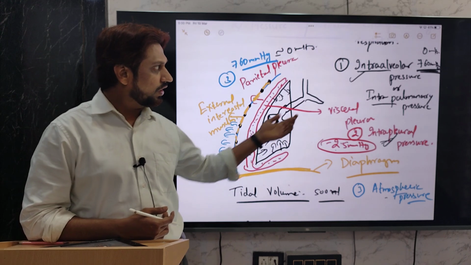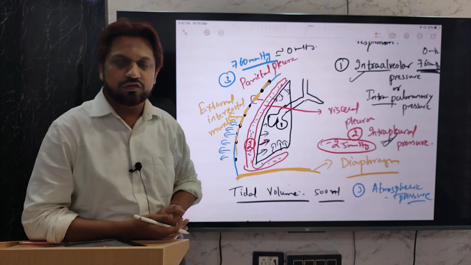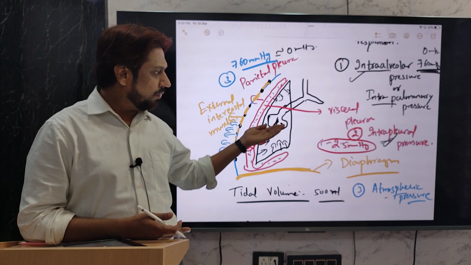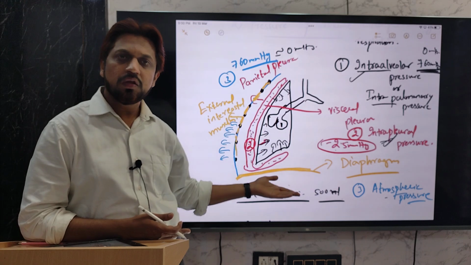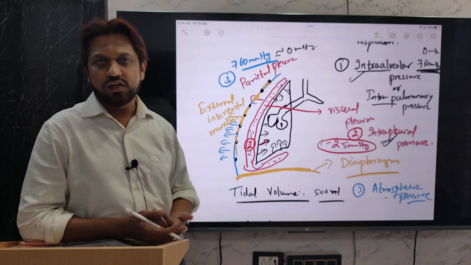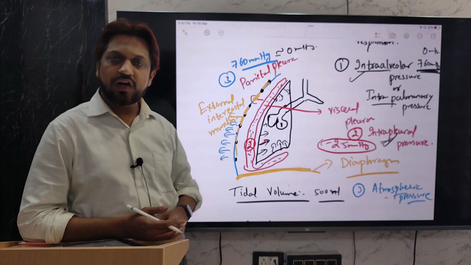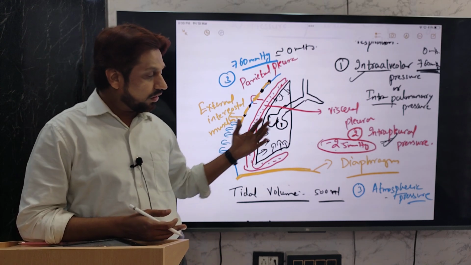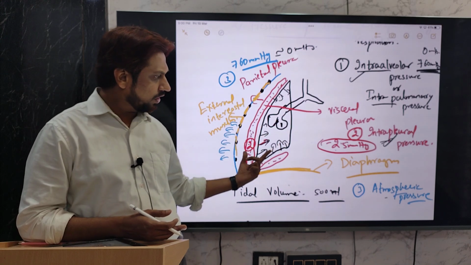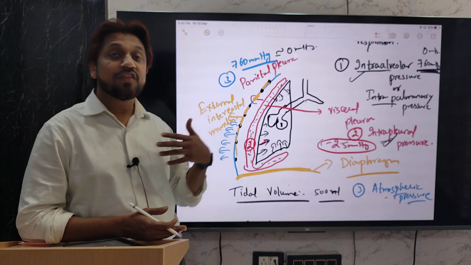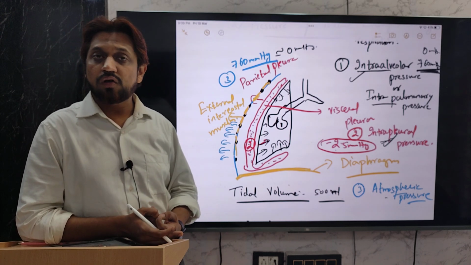If at resting condition it was 0, equivalent to 760 millimeter of mercury, it becomes -1, or 759 millimeter, during inspiration. The intrapleural pressure goes from -2.5 millimeter, or 758 if we consider 760, down to -6 millimeter during inspiration.